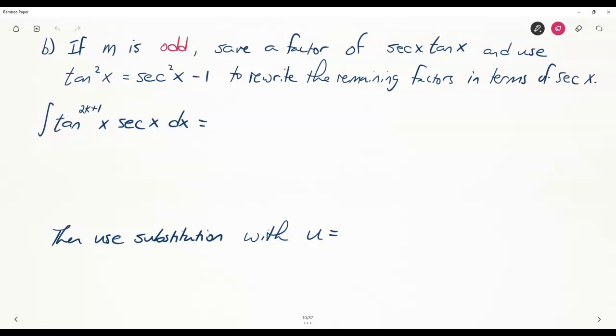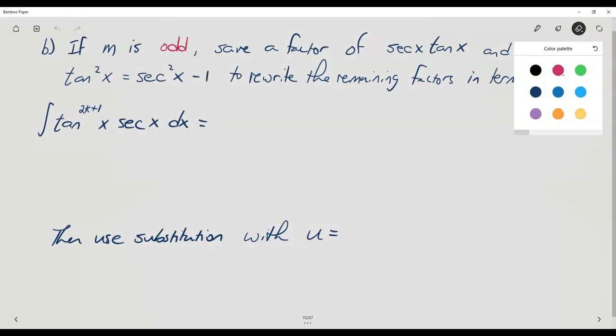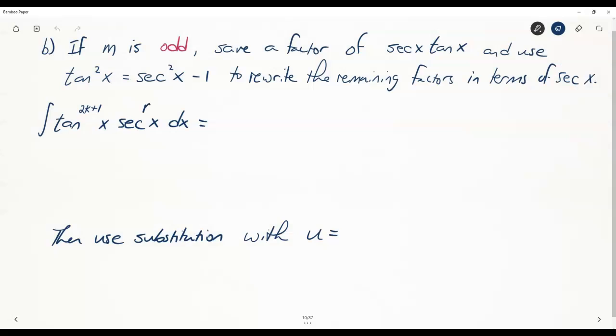Okay, so same sort of idea. Now, there really should have been an n right here. Now it's right, because secant still can have a power on it.